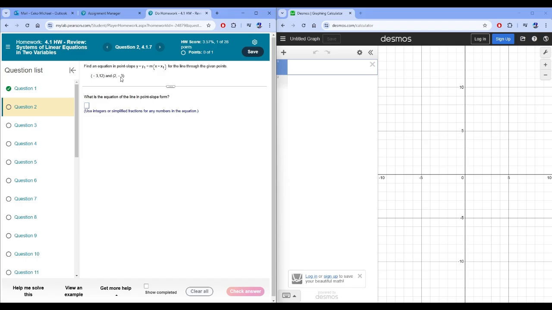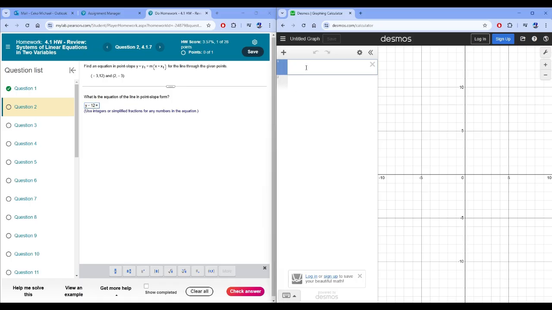So first, what is the equation of the line in point slope? I'm going to go with y minus this first one, 12, is equal to m.